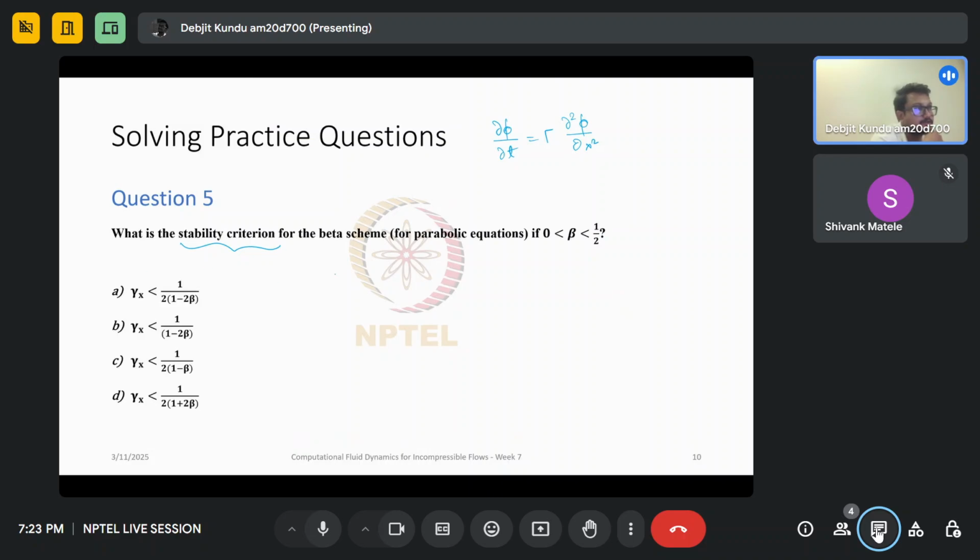Now, if you discretize this using the beta scheme, given that beta is between 0 and half, what would be the stability criterion for it? There are four options here, and given gamma x is nothing but capital gamma into delta t divided by delta x squared.